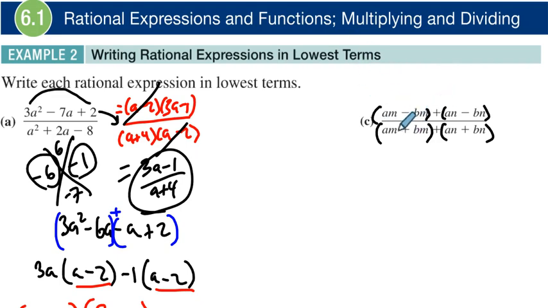Looking right here, see how they both have an m in common? If I factor out that m, I have a minus b left. Plus, notice right here, they both have an n. If I take out the n, what do I have left inside the parentheses? Well, I have a minus b left.